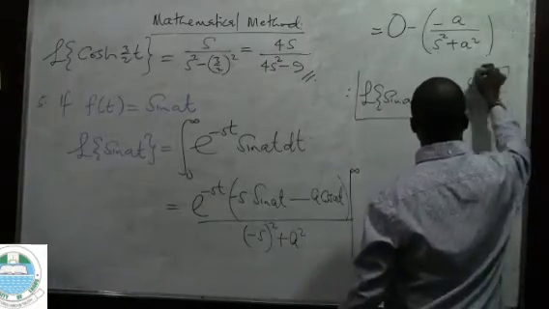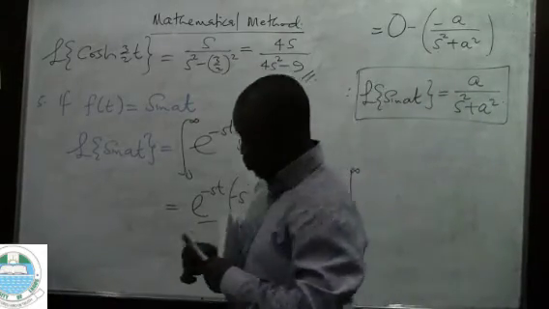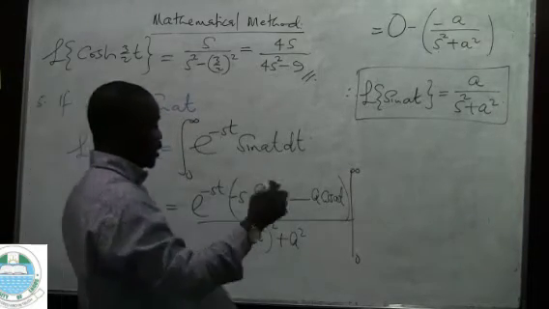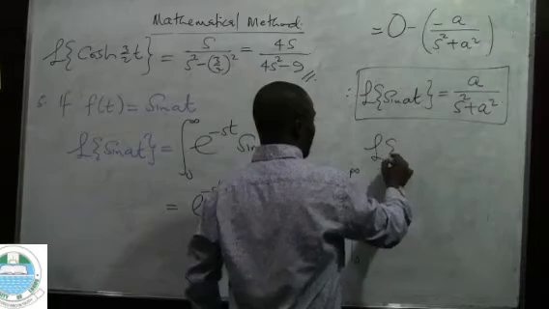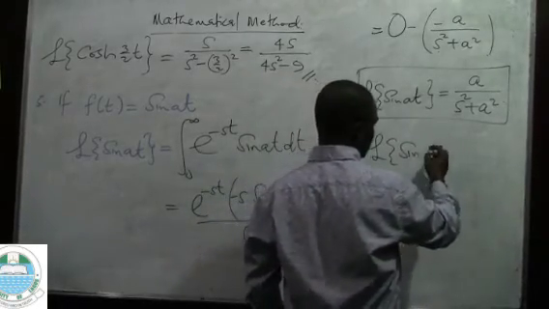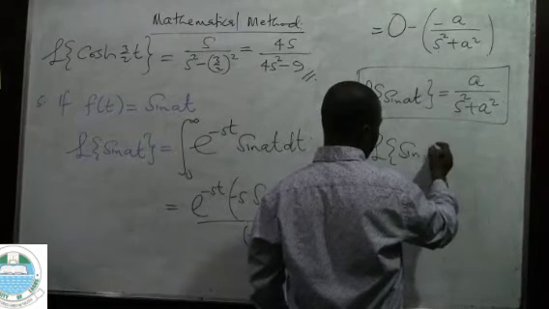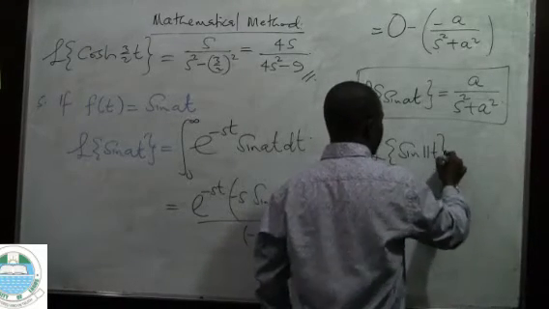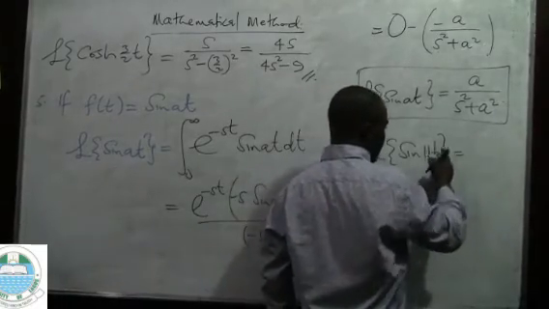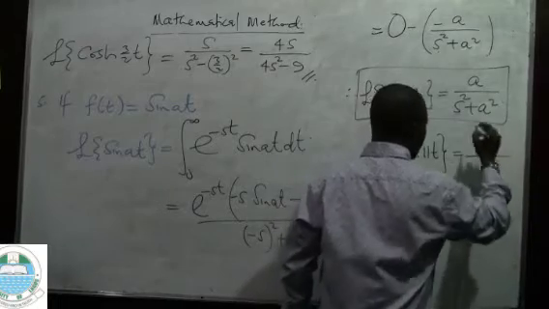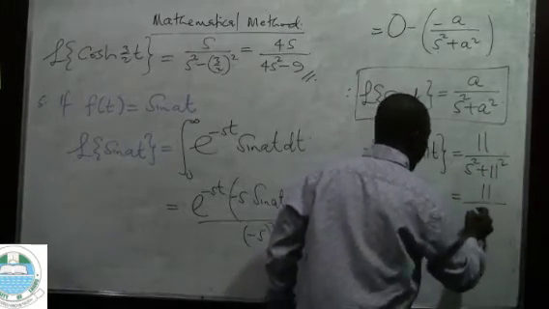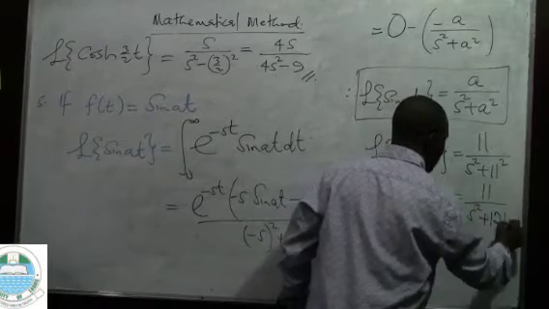Take note of that formula. So, as an example, the Laplace transform of, say, sine 11t gives the coefficient of the argument of sine there, which is 11, divided by s squared plus 11 squared, which is 11 divided by s squared plus 121.